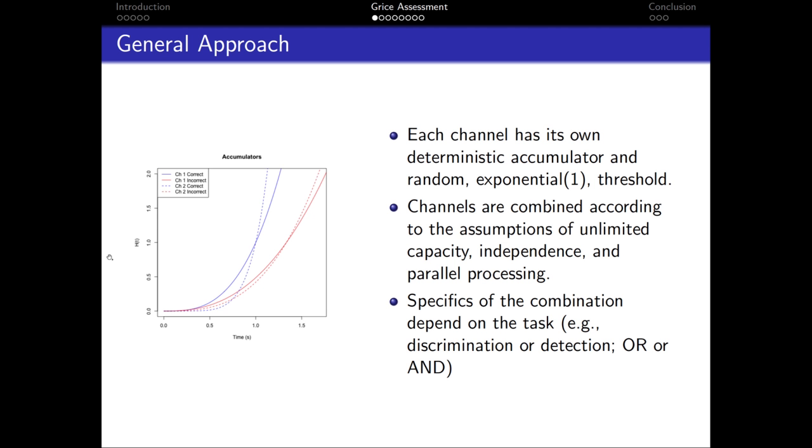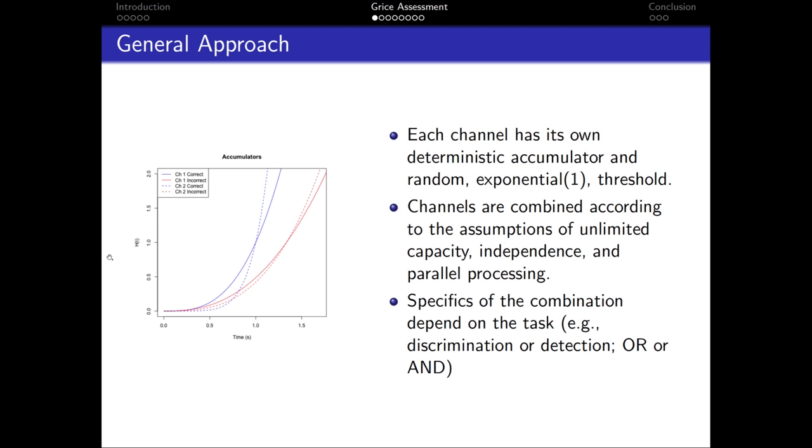So taking that approach, we can look at how we might model a USIP situation. Generally speaking, each channel has its own deterministic accumulator and a random exponential 1 threshold, following that Grice representation outlined in the Dzhafarov '93 paper.